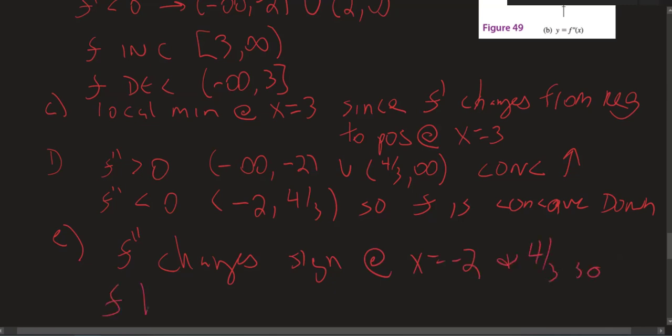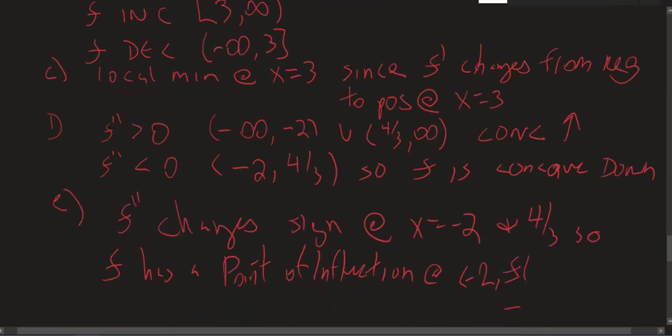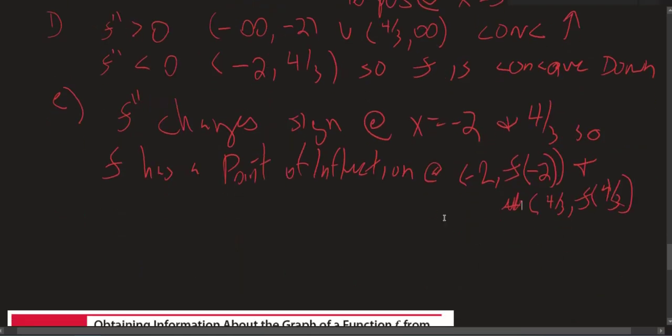So f has a point of inflection at (-2, f(-2)) and (4/3, f(4/3)). Now we don't know what the actual function is, so we can't actually determine the y values, but we can write the notation for the points.